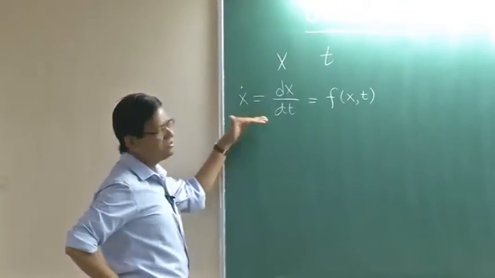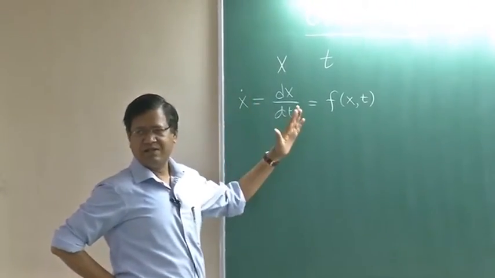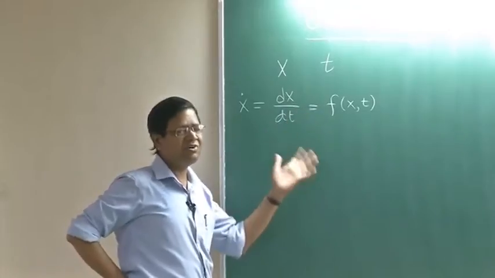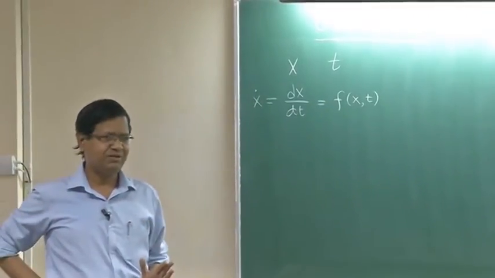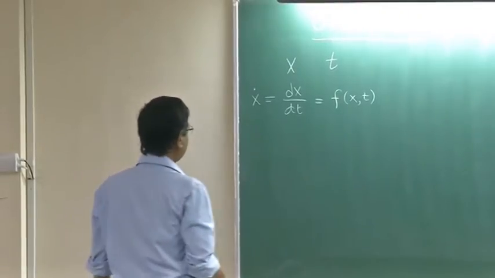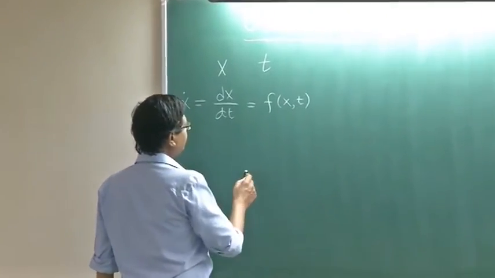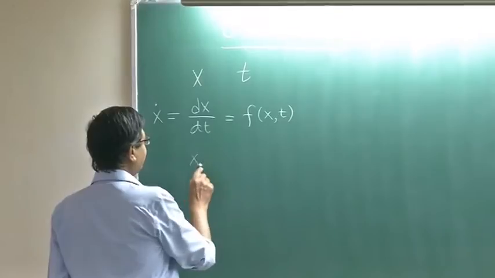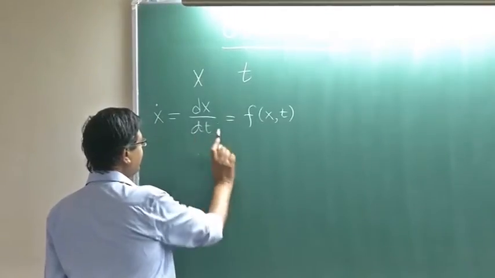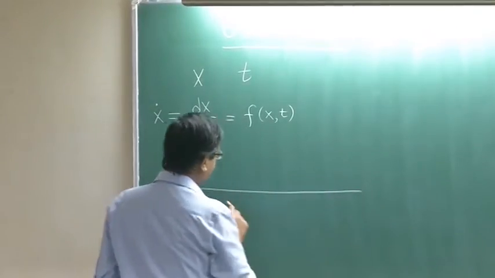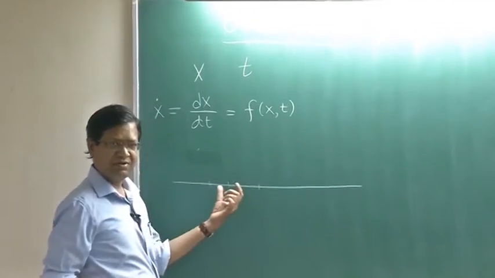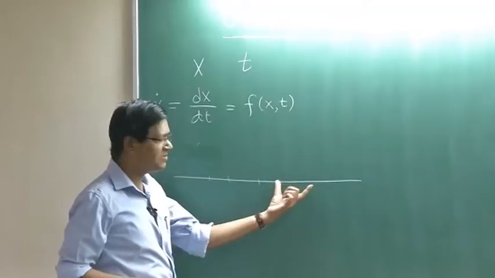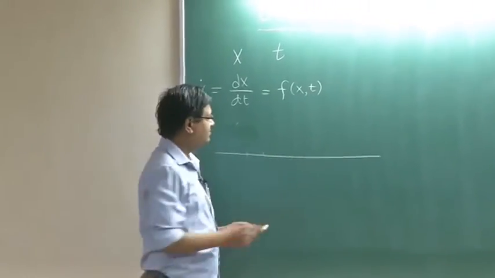So we would like to solve this equation numerically. Some first order equations have an exact solution, but we want to solve numerically. The idea is that suppose I am at xn at time tn. Let's divide time discretely; it need not be evenly spaced.